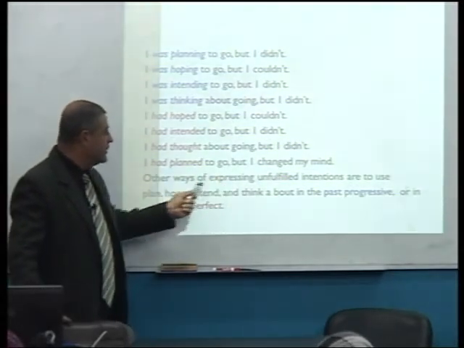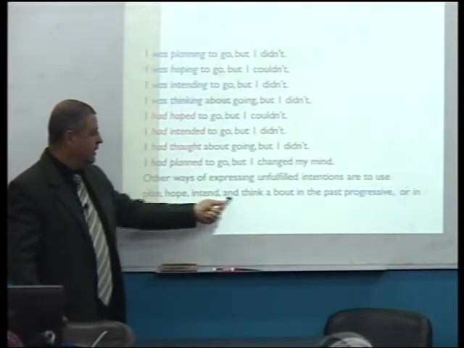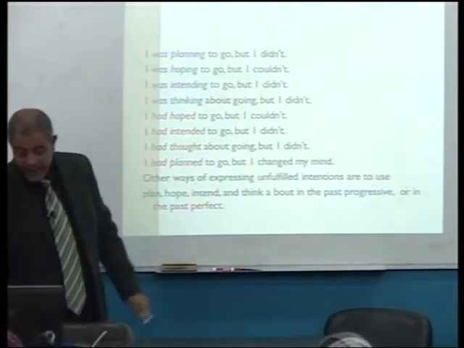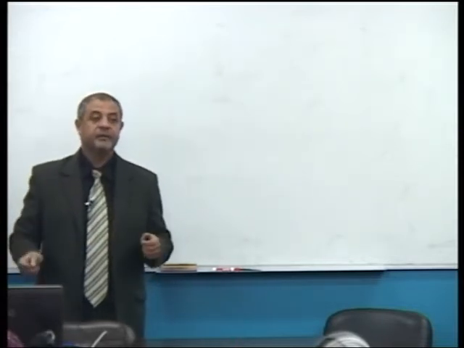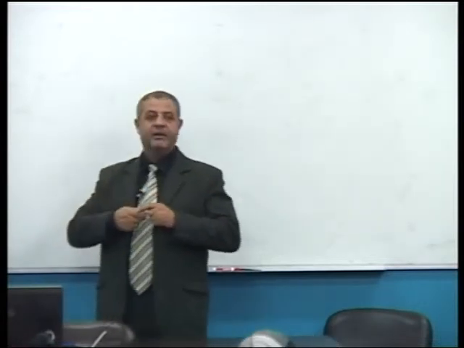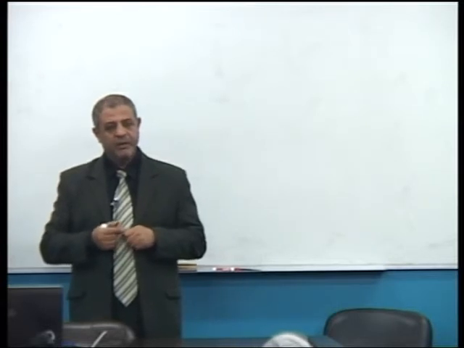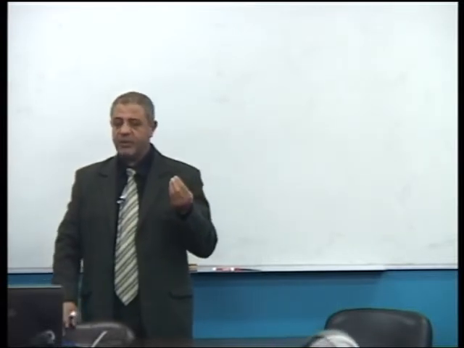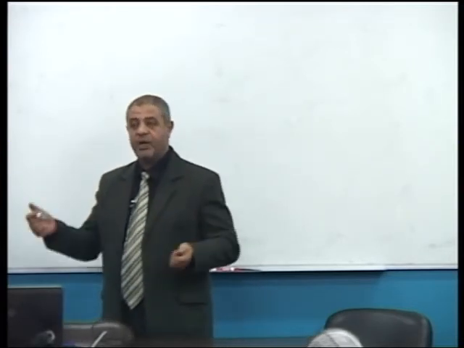Now, look. Other ways of expressing unfulfilled intentions are to use what? We use these verbs in the past progressive or in the past perfect. Now tell me, how can we express unfulfilled actions? Number one. Give me an example. I was going to call you.